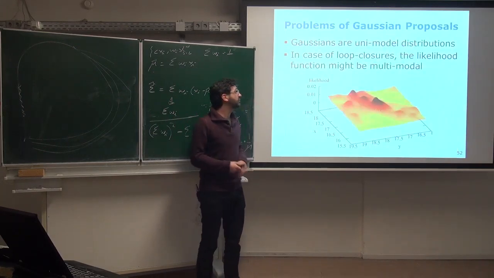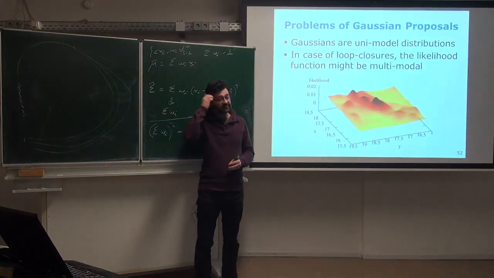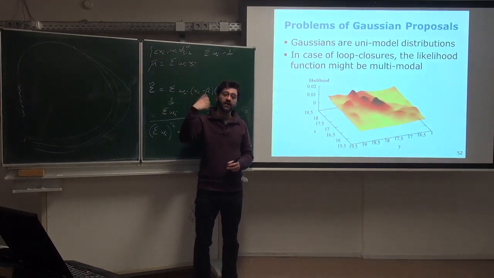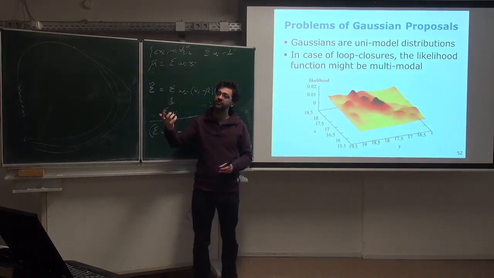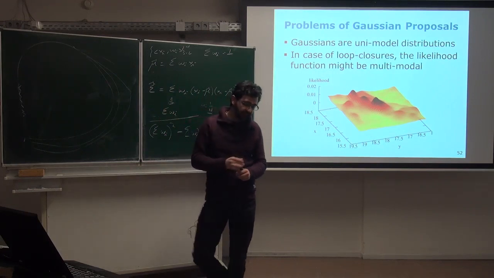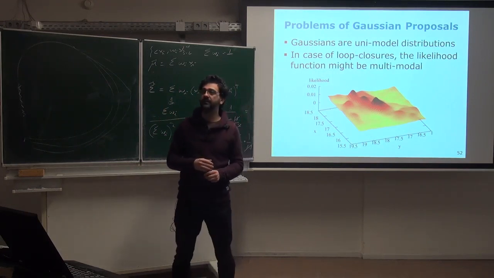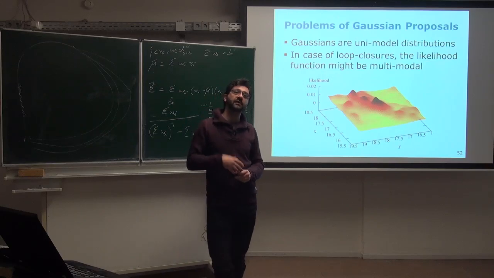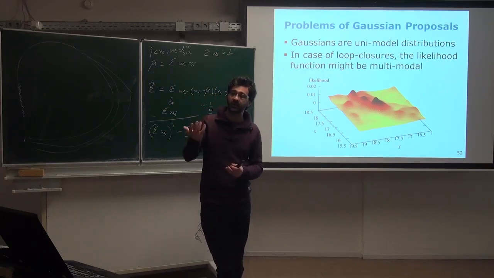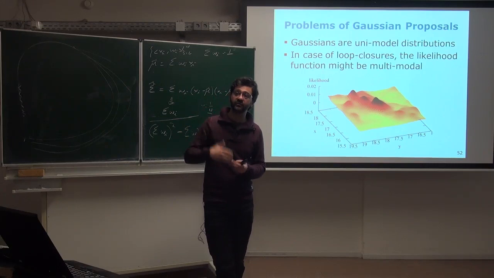Okay. So far we said that we can approximate this proposal with a Gaussian centered at the maximum of the scan matching. The problem now is that we are approximating a distribution which can be multimodal with a distribution which is unimodal.